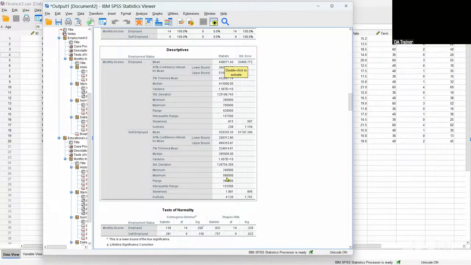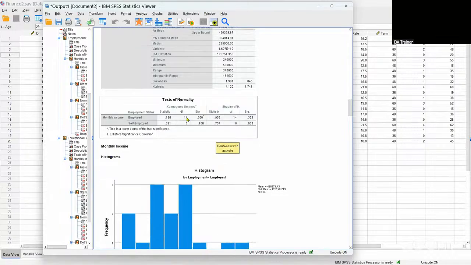The maximum amount they make is 580,000 naira a month. So there is a difference in how much they make in a month, right? We have the quartile, variance, standard deviation, skewness, as the case may be.